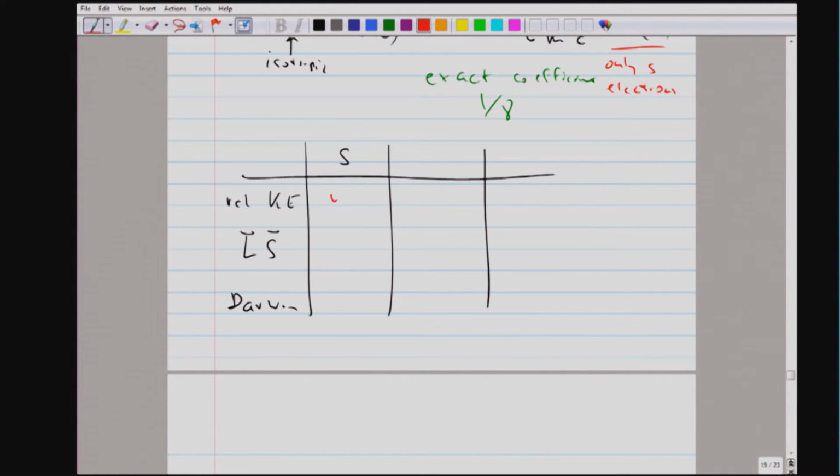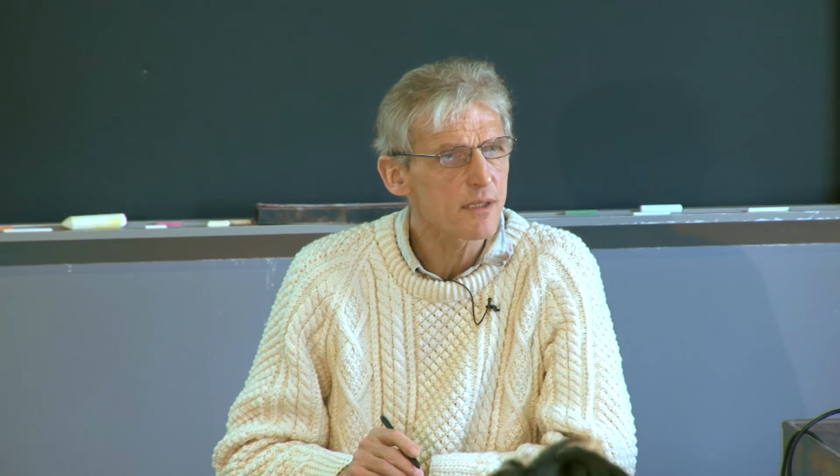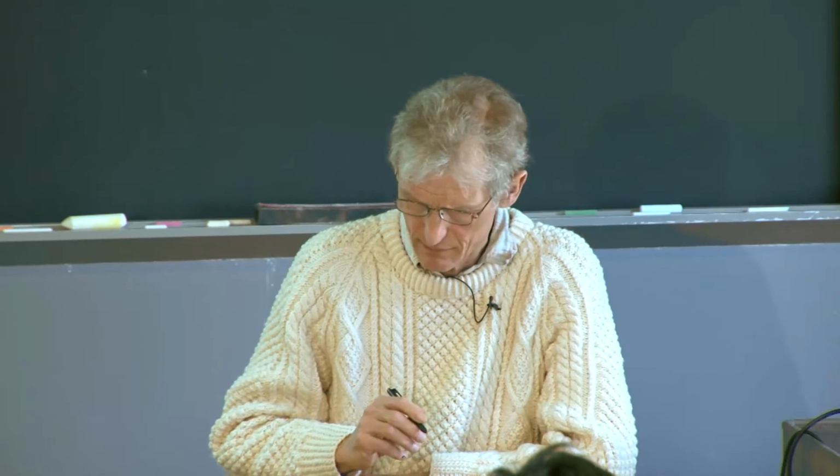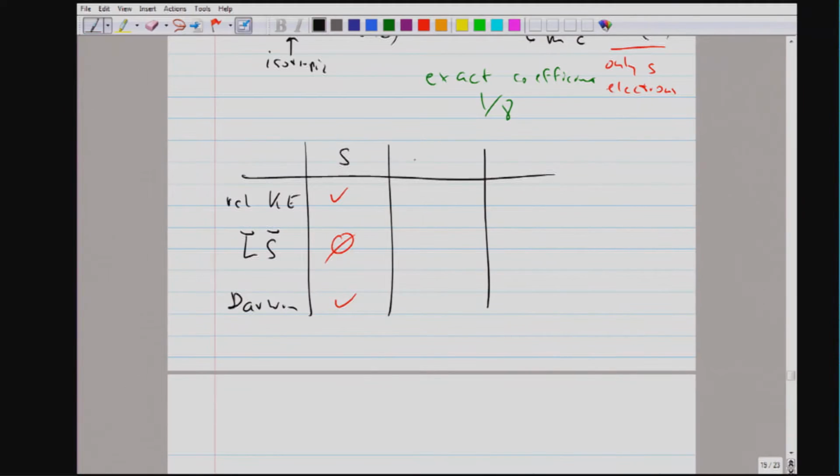Well, relativistic kinetic energy, of course. The Darwin term is only for s electrons. L·S does not contribute because an s electron has L equals 0. So if we go to p and d states, to states with finite angular momentum, then we get a contribution of L·S. We always get a relativistic kinetic energy contribution, but for finite angular momentum we don't have the Darwin term.